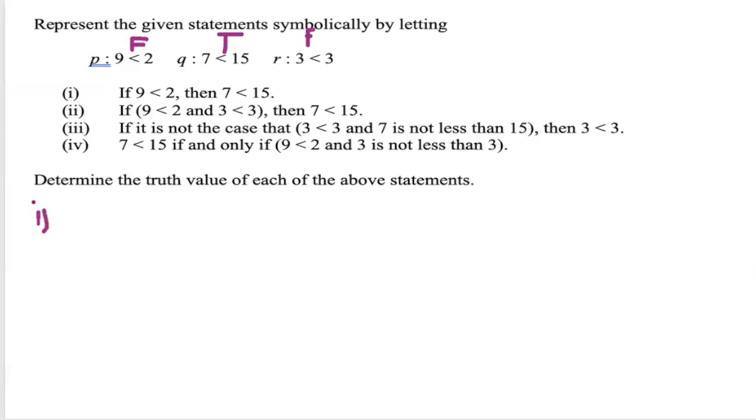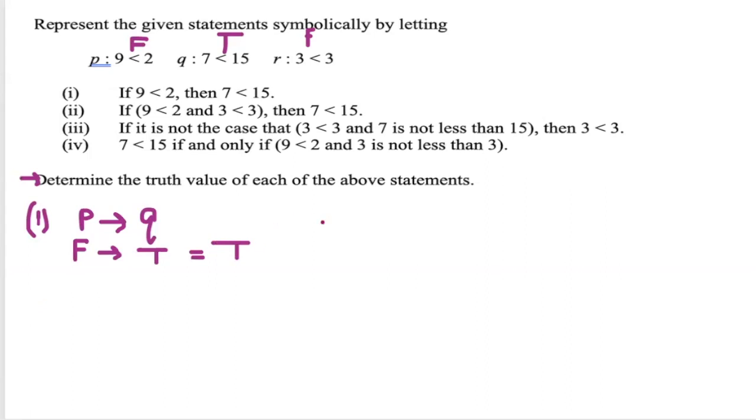So representing this symbolically, 9 less than 2 is P. If and then tells me it's imply, and 7 less than 15, so that's going to be Q. Now the next part says determine the truth value of each of the above statements. So if we have P, which is false, and then we have Q, which is true, then false implies true is a true.